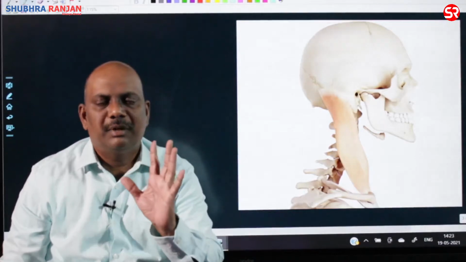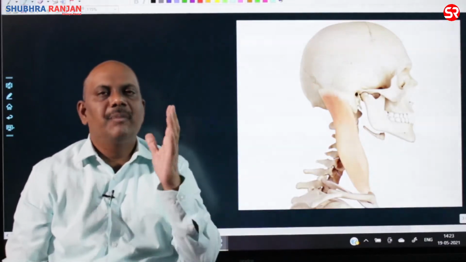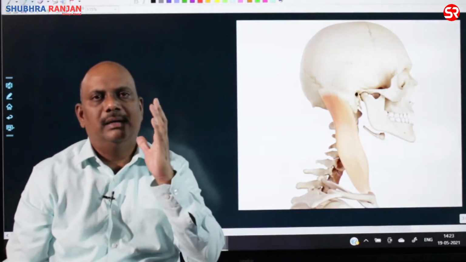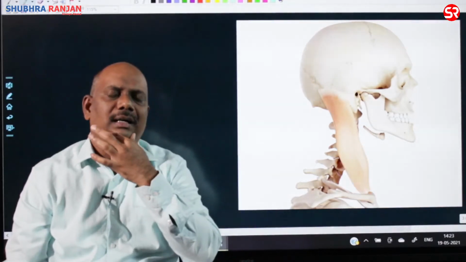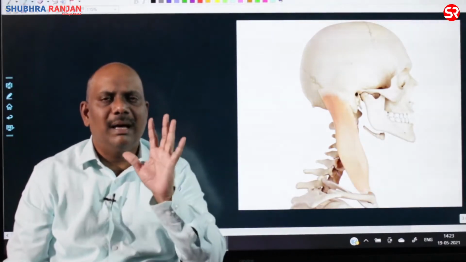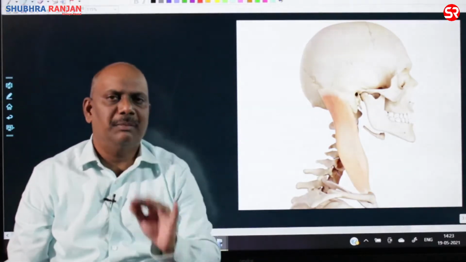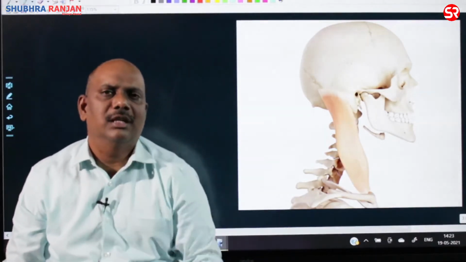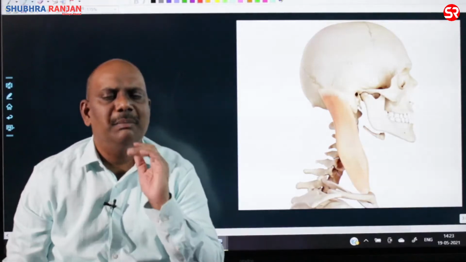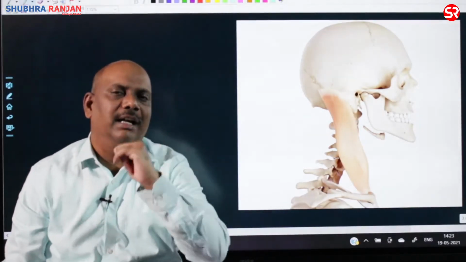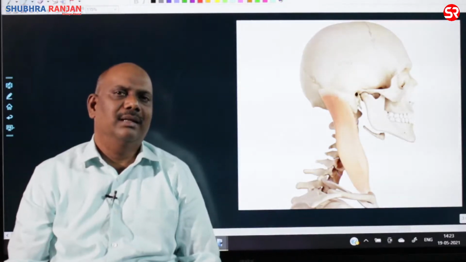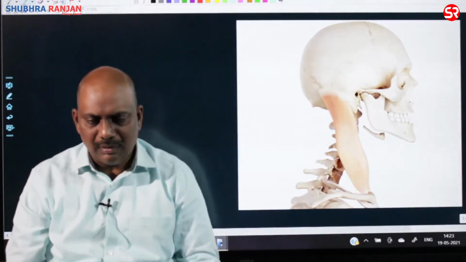The mastoid process provides a number of attachment areas for the muscles in the neck and in the jaw region. This mastoid process is present in Australopithecus. This is one very important development. Again, this shows that Australopithecus had an erect posture like us. Okay.